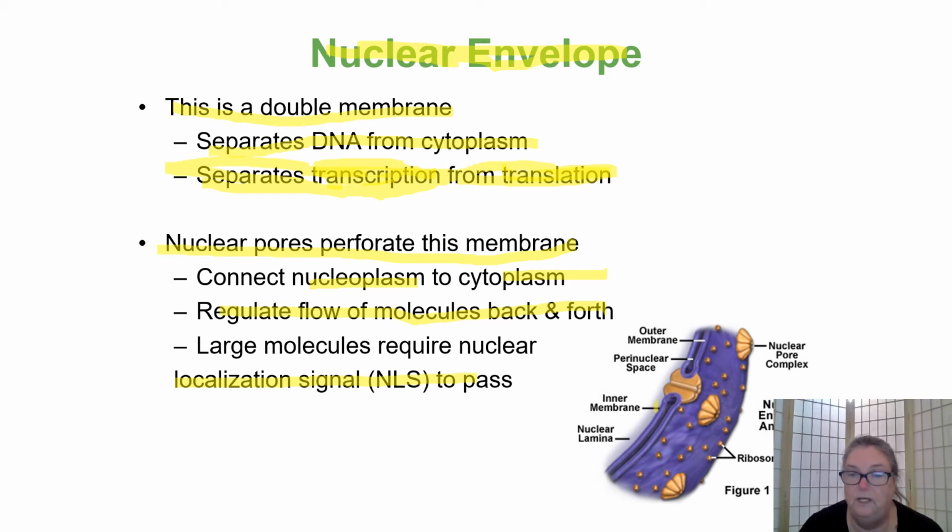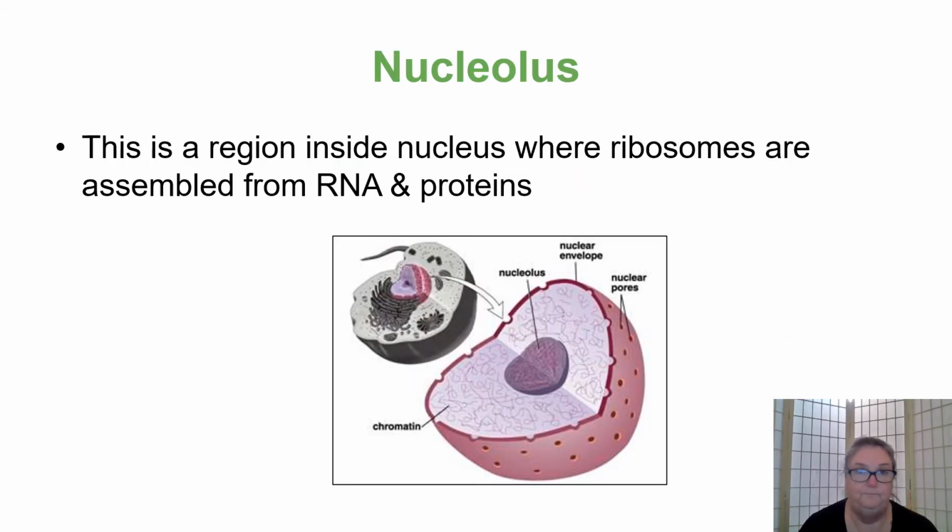So there's our inner membrane, our outer membrane. There is our nuclear pore, and we've got a little space in between, and it looks like we got some ribosomes on there too. So that messenger RNA is going to come out through the nuclear pore for that messenger RNA to be translated.